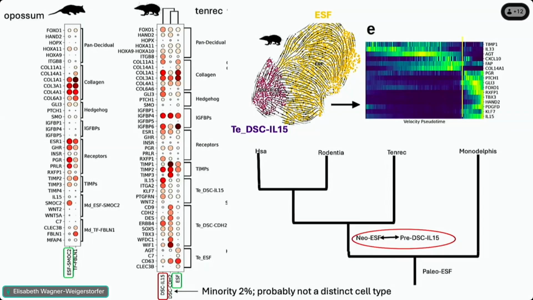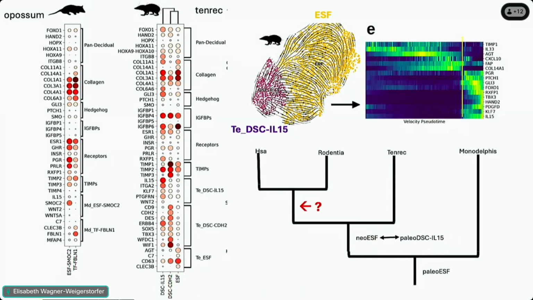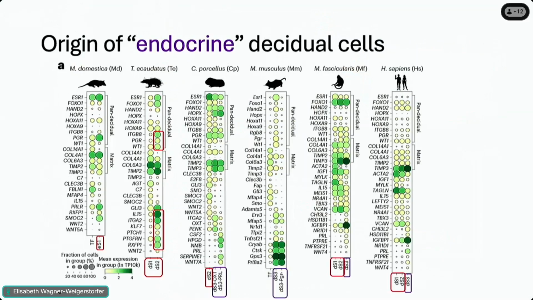Then the question is what's happening as we evolve further to more derived mammals.